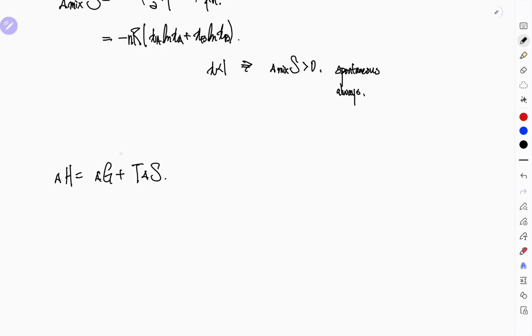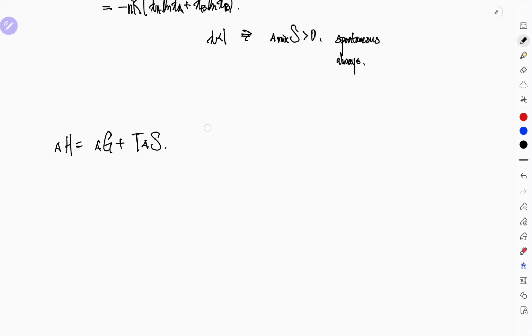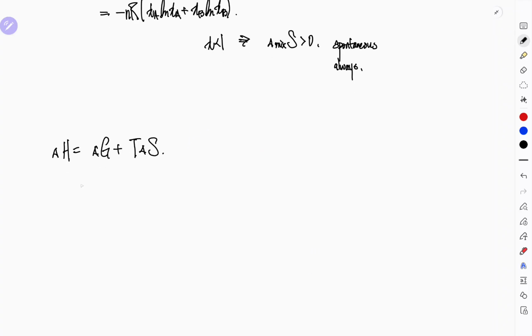So this means the enthalpy of mixing is always 0 for this perfect gas.